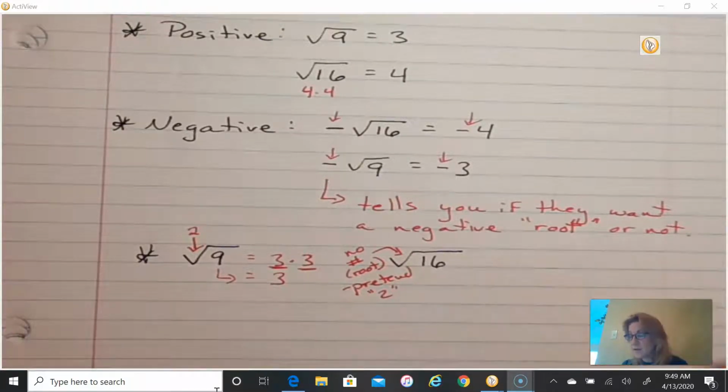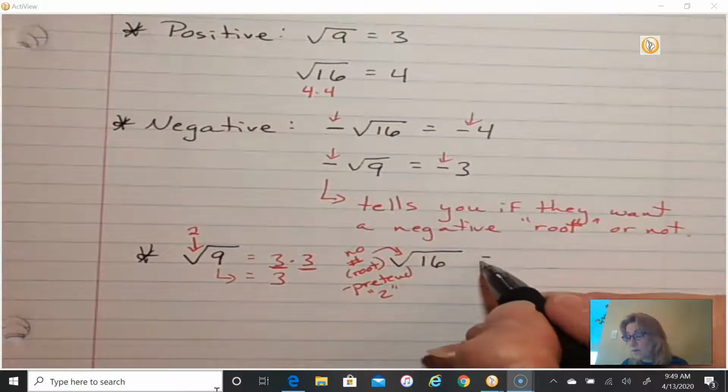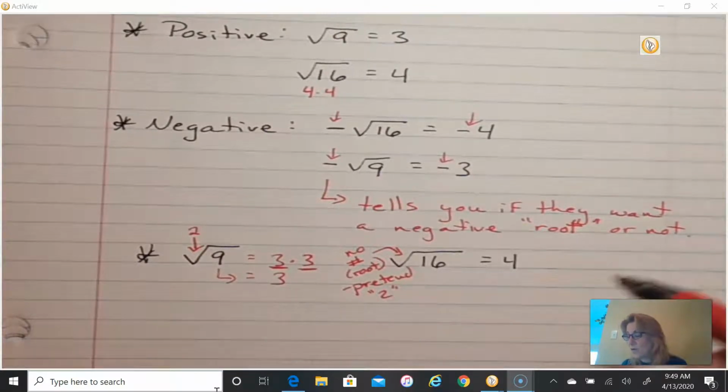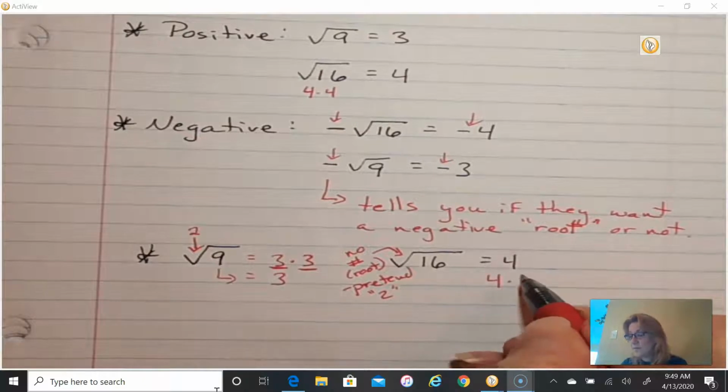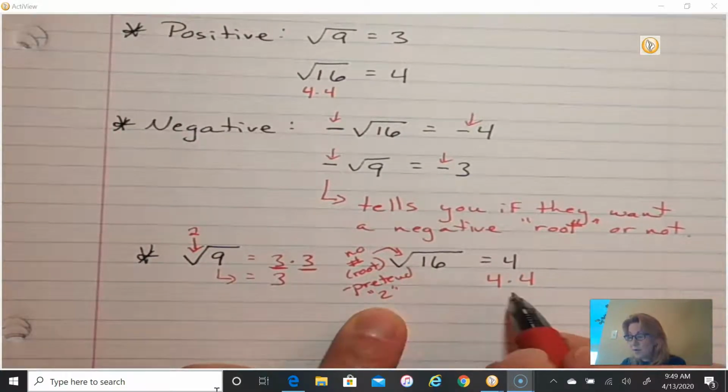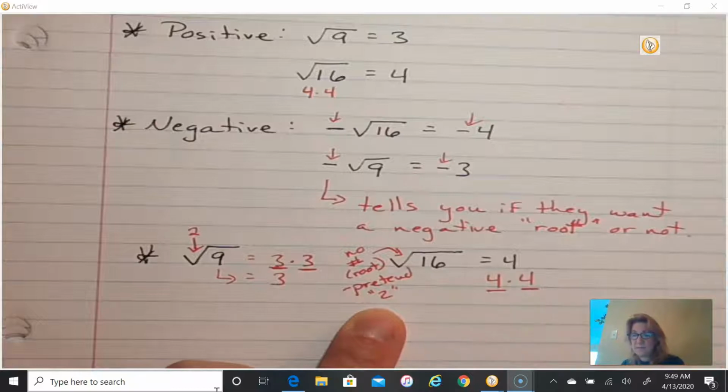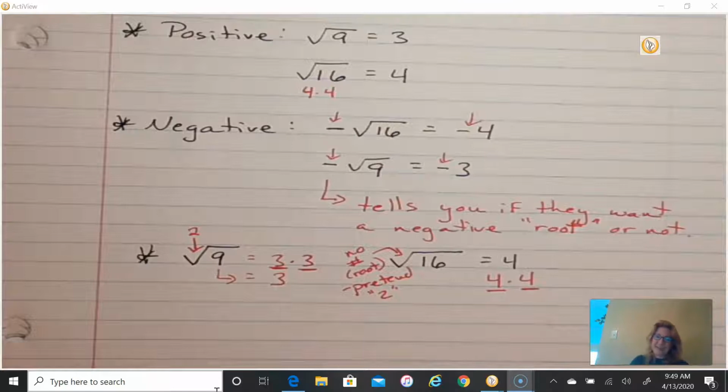That would mean the answer to that is 4, because it's 4 times 4. Remember, 1, 2. You'll understand this in just a second.